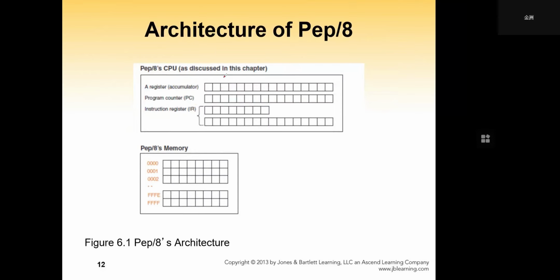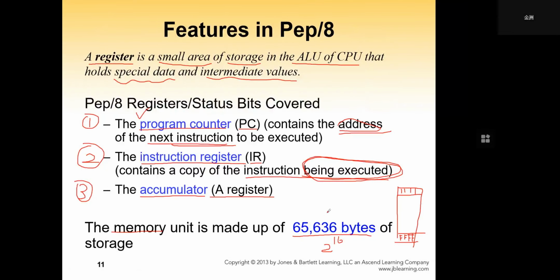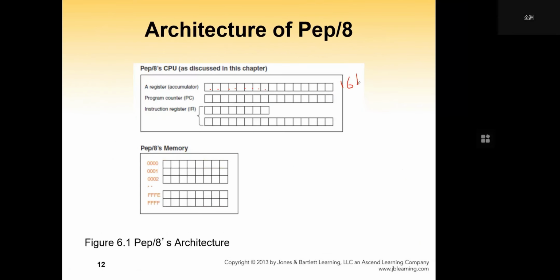We can check how many bits: 1, 2, 3, 4, 5, 6, 7, 8, 9, 10. It's 16 bits. We use 16 bits to represent each instruction or each piece of data. The program counter is similar, it has 16 bits.